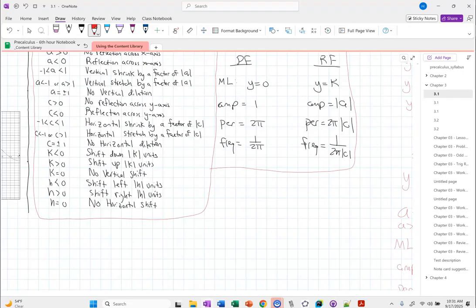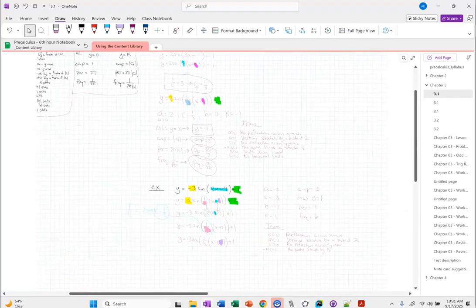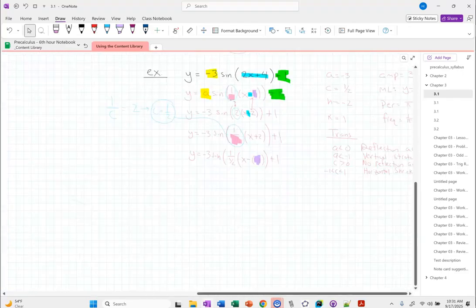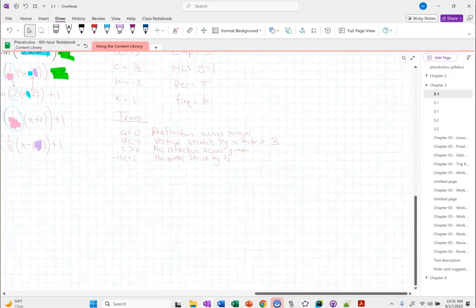Because -2 is less than 0. So we should say shift left 2 units. Right, because the left covers the negative part. Oh, okay. Shift left. Does that feel okay? Yeah.